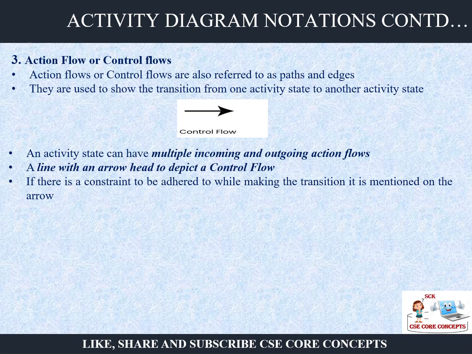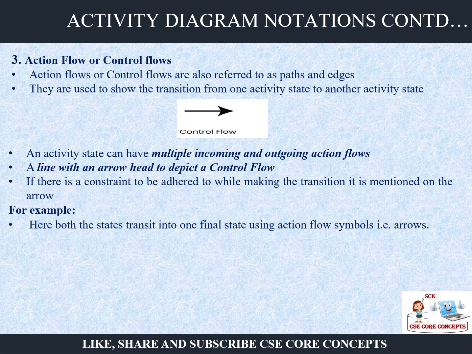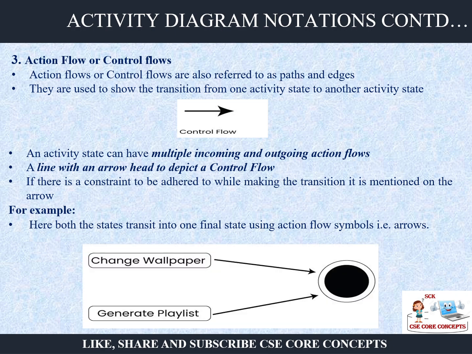So from one activity you can go to multiple activities. A simple line with an arrowhead depicts the control flow. You can see here that there are two activities, changing a wallpaper and generating a playlist, and both merge to a different state.